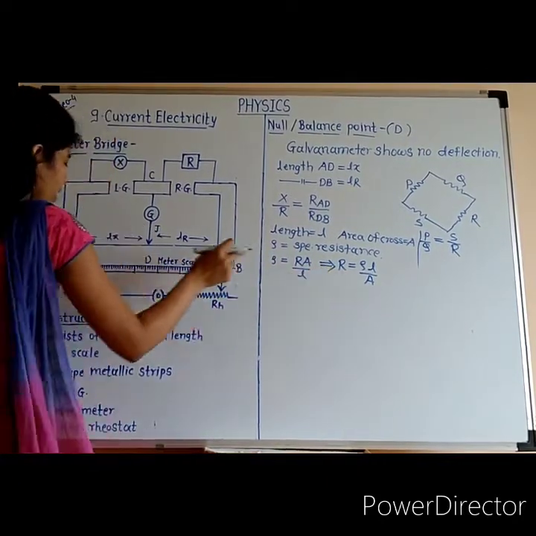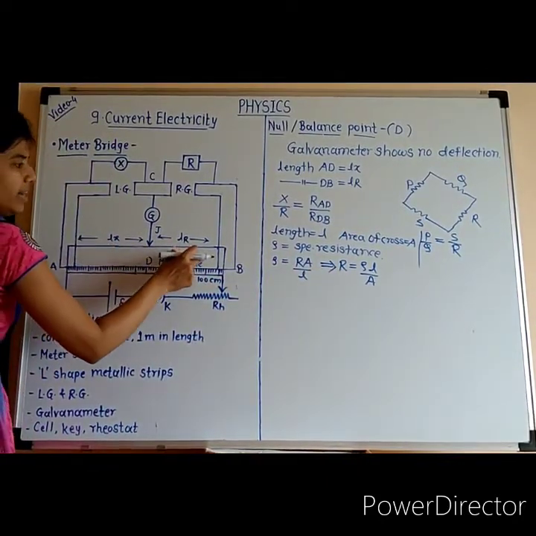We have to find the resistance along AD and DB.